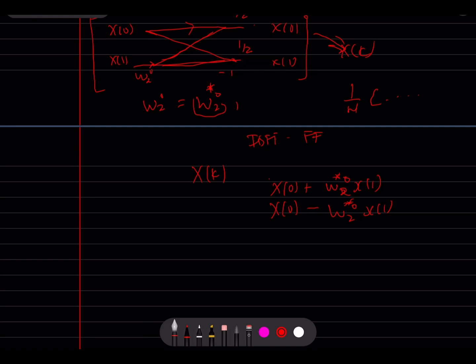But remember that this one is 1 over 2 because the number of points is 2, and here is also 1 over 2. So these are the equations that you use over there.